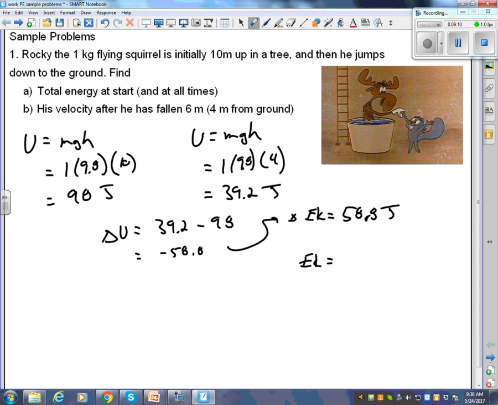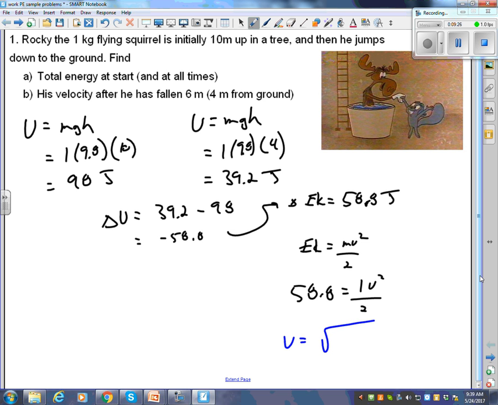EK is equal to mv squared over 2. 58.8. Mass is 1. Velocity squared over 2. So V is going to be the square root of 2 times 58.8.